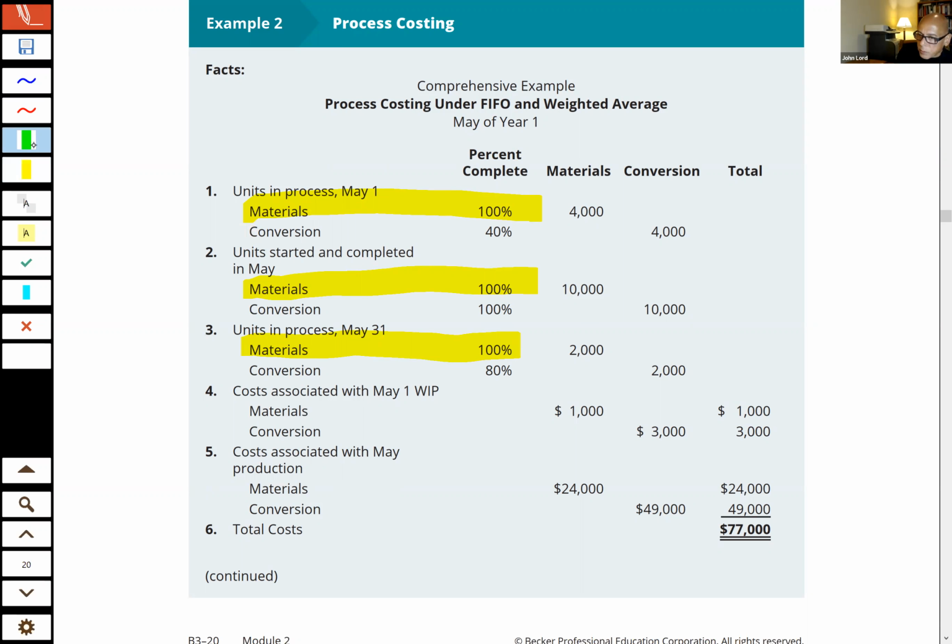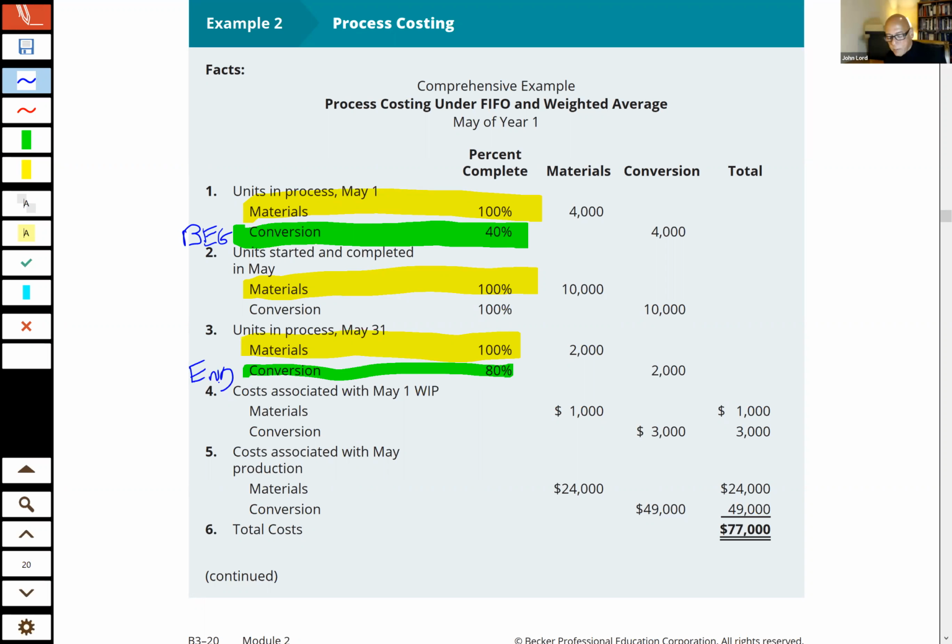Conversion is direct labor and manufacturing overhead. For those, we were 40% complete as of May 1st, and we were 80% complete for our ending. Not for our materials, just for our conversion costs.